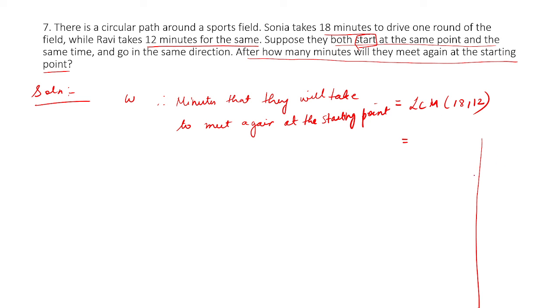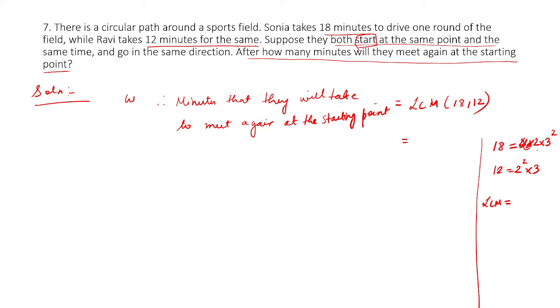When you take the LCM, we try to understand the possible values. 18 is going to be 2 into 3 square, and 12 is going to be 2 square into 3. To take the LCM, we take the product of the prime factors with the highest degree.